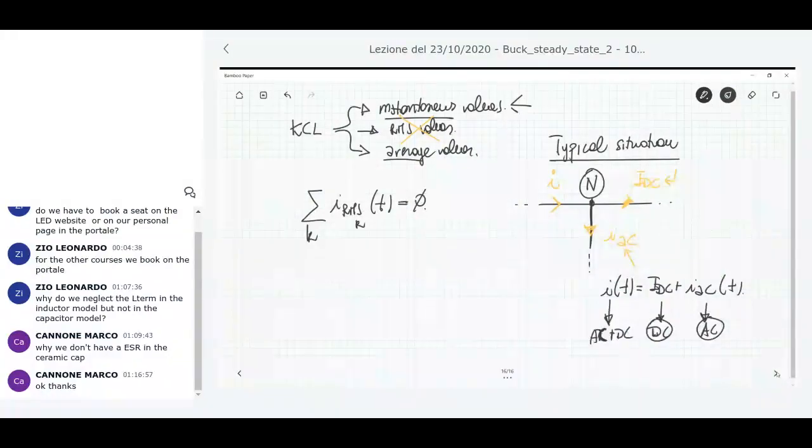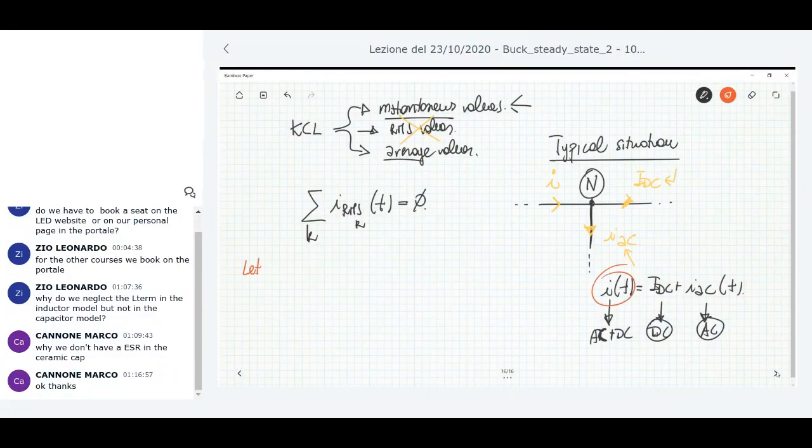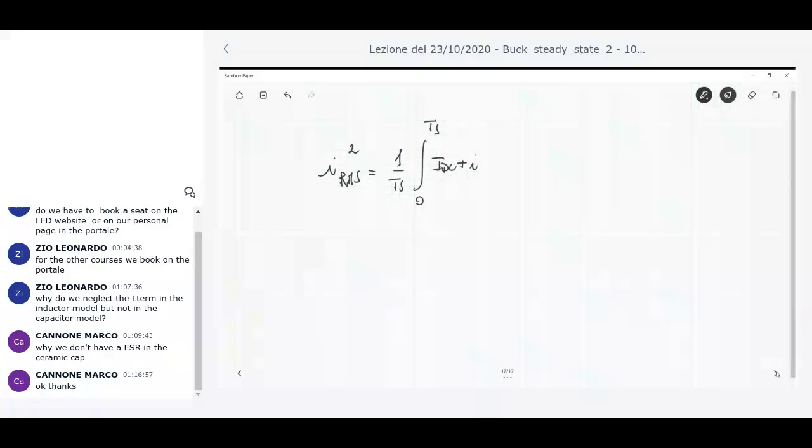And now look at what happens if we compute the root mean square value of this current I. So let's compute the root mean square of I. The root mean square value, by definition, is 1 over Ts, in a period Ts, of the summation IDC plus IAC, square value.